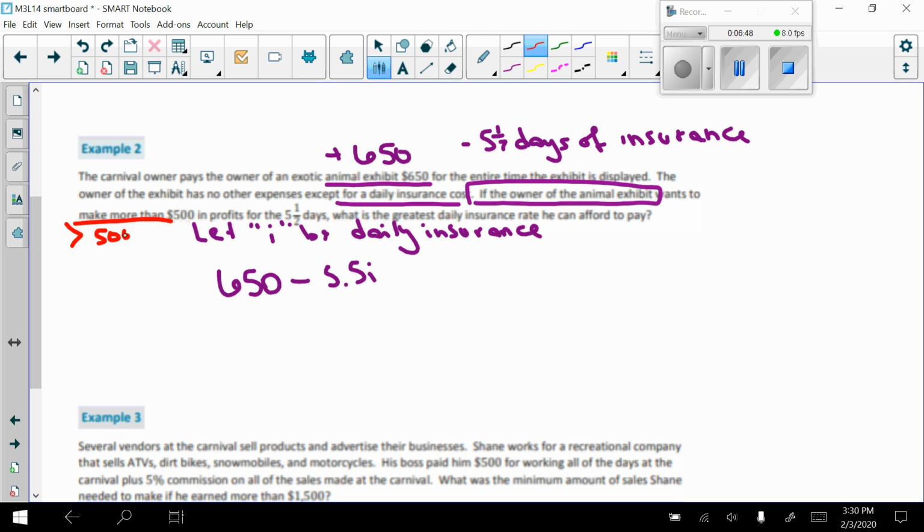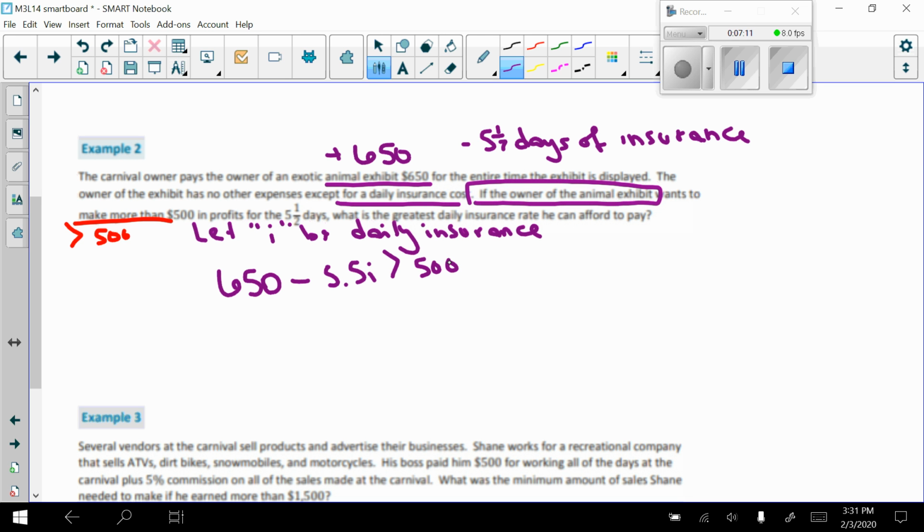He wants more than 500. So read the story again and make sure you understand my inequality. 650 minus 5.5 times the daily rate of insurance is greater than 500.